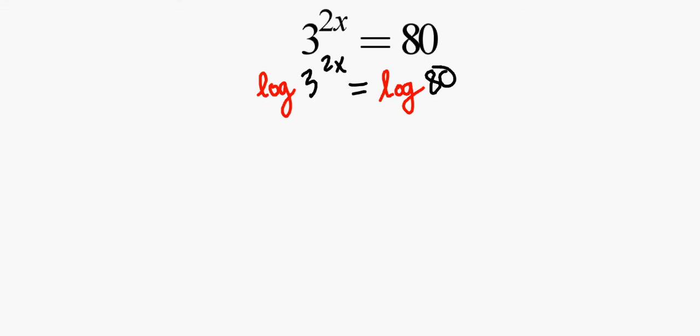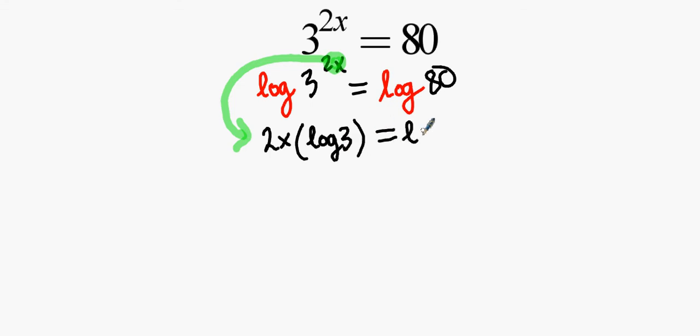Again, this gives us the right to take 2x and in the next step move it up front. So it's going to be 2x times log 3 equals log 80. Now I want my x alone.